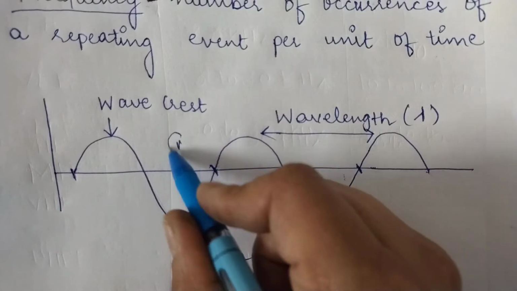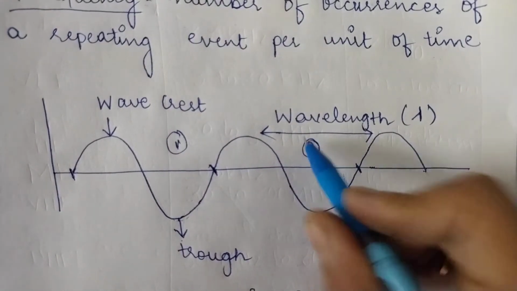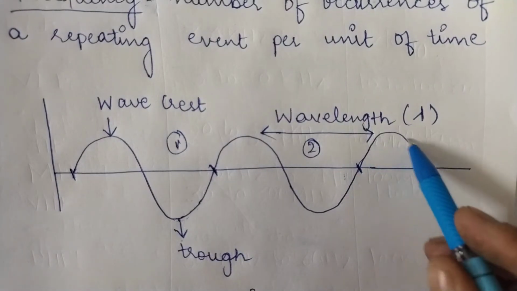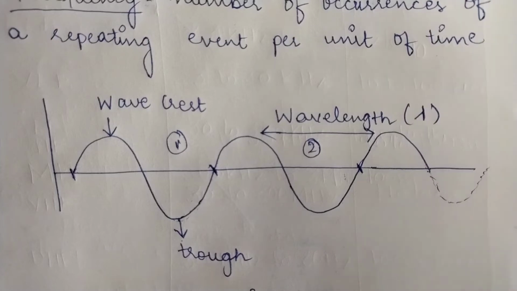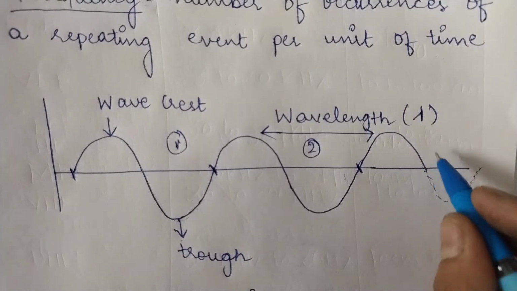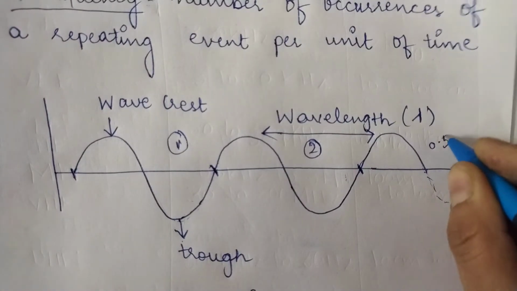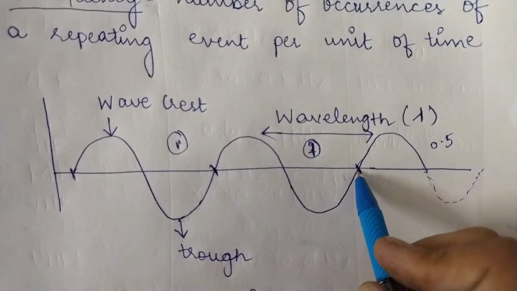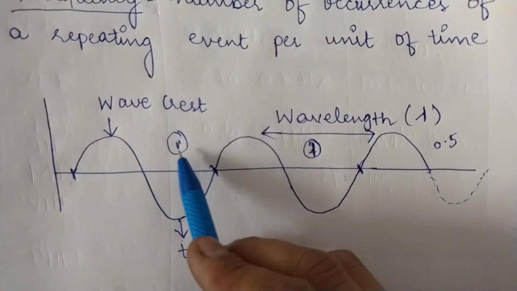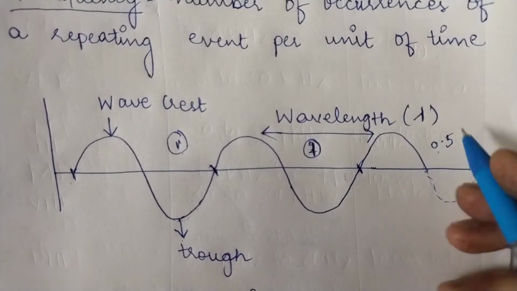This is one oscillation, and from here till here this is the second oscillation, and this is half an oscillation because this waveform has not been completed. So one complete oscillation from here to here, one complete oscillation from here to here, and half oscillation from here to here, right?